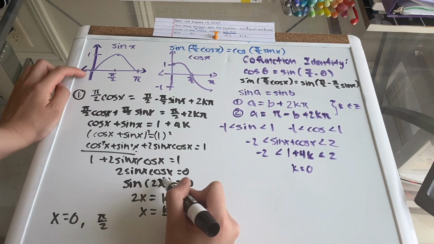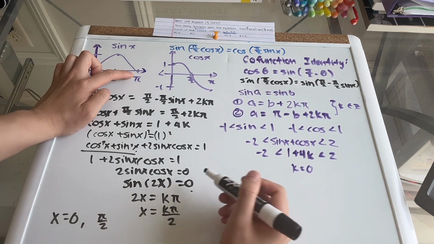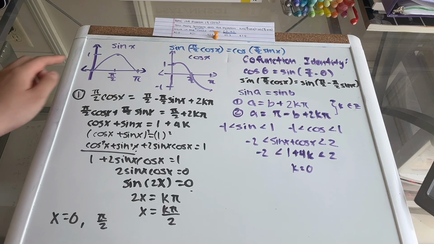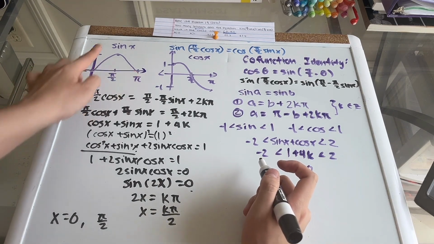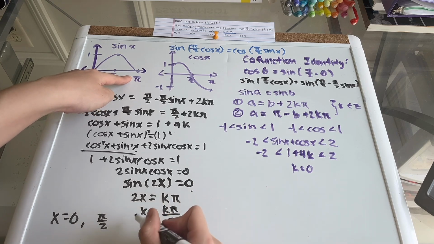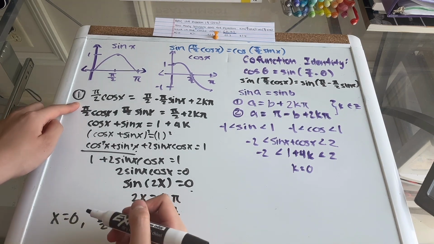The angle right here has to be either 0 or pi. When we plug that in, we get x is equal to 0. And if the angle is pi, that is 1 pi over, so k would equal 1, and then x would equal pi over 2. So these two are the possible solutions for this first scenario.